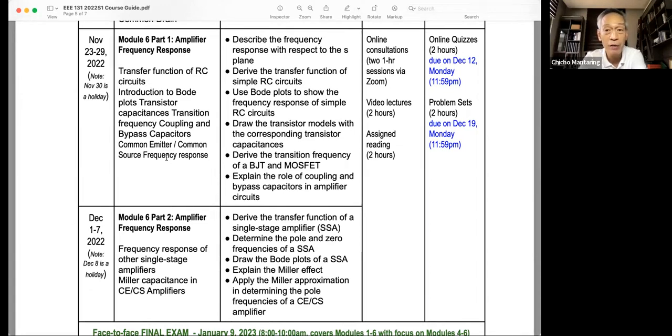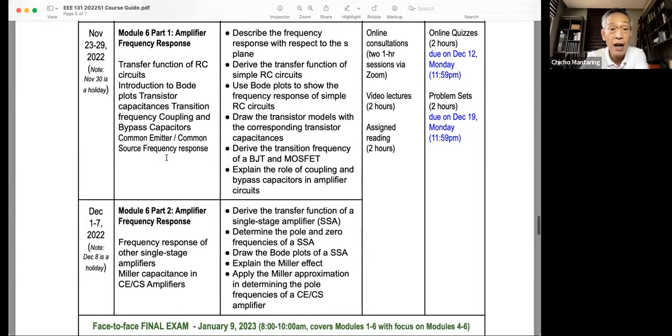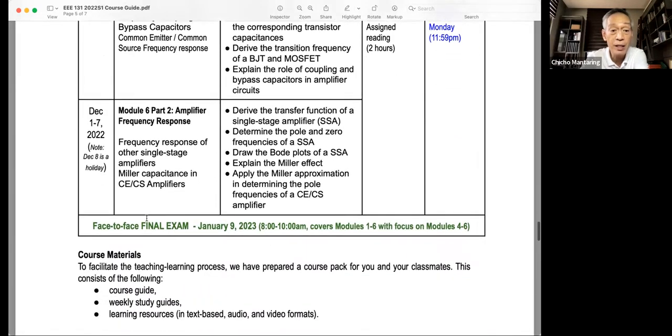When the frequency becomes too high, then the performance of your amplifier actually starts to deteriorate, and you're going to learn how to determine what frequencies your amplifier can operate at without deterioration.